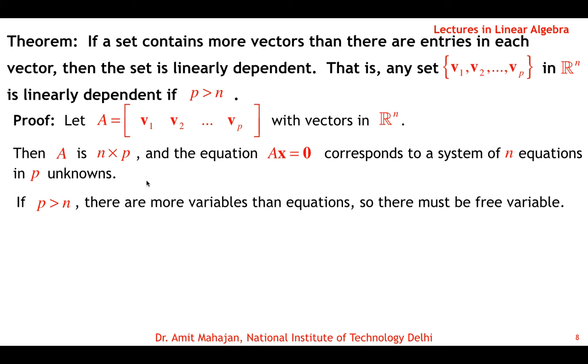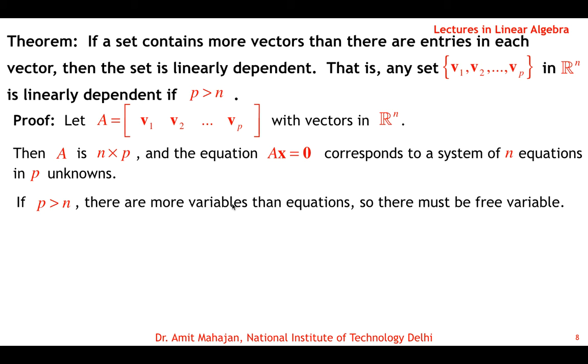It is clear: if you have three variables and only two equations, then you can only get two pivot positions and the third column will become a free column. Similarly, if p is greater than n, with more columns than rows, then each row can get one pivot position and each column can get one pivot column, so there will be at least one free column which is not a pivot column.